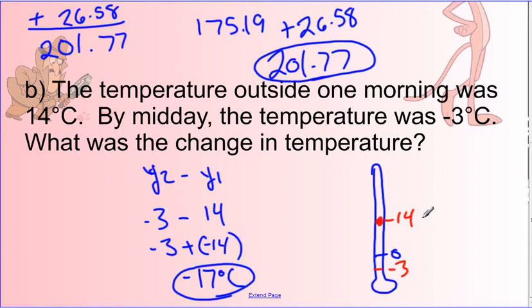So the change from here, it had to go down 14 degrees just to get to 0, and then down 3 more to get to negative 3. So the total change was a negative, because it went down, a negative 17 degrees. Hopefully that's making sense to you on why it's a negative 17.